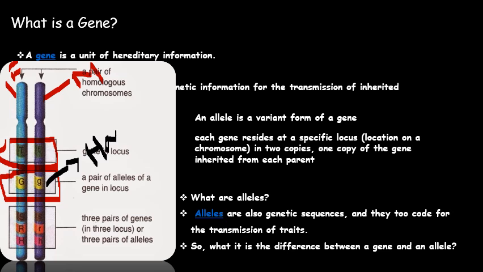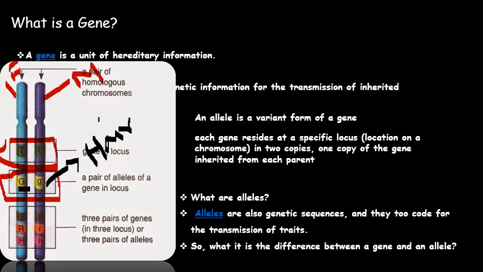These two genes are located in a specific place which we call the locus, and one is from the father and one from the mother. Both genes are responsible for hair color, but they can also have a slightly variant form, which is what we call an allele.